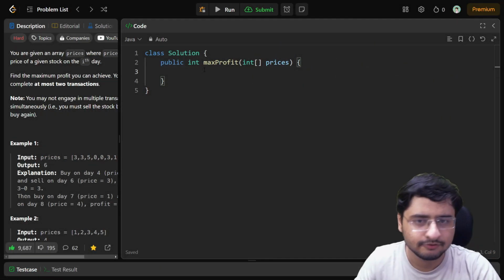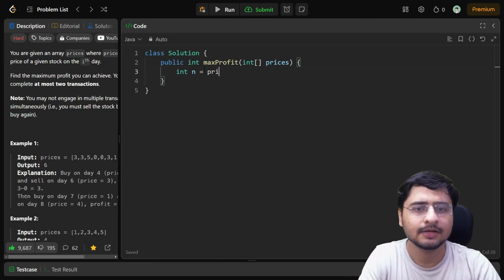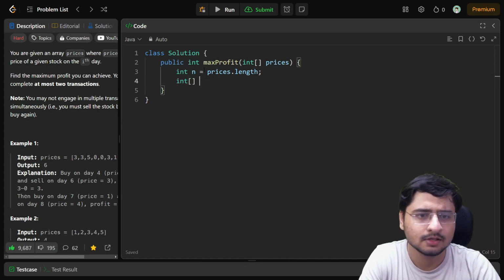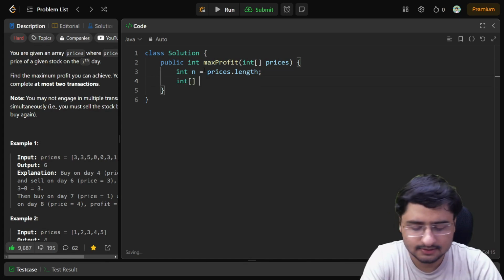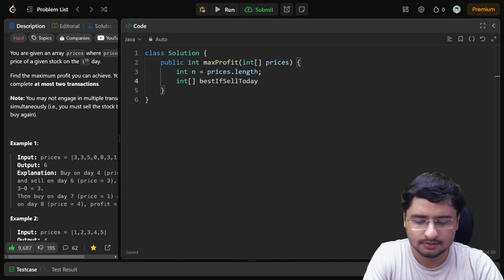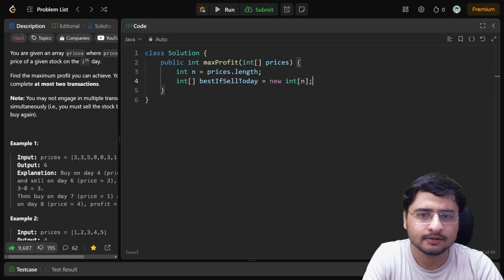First I'll take an integer n equal to prices.length. Then I'll take an integer array, and I'll call this array best if sell today. This will be a new integer array of length n.